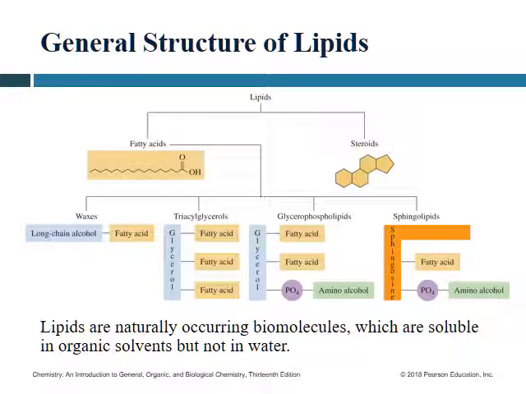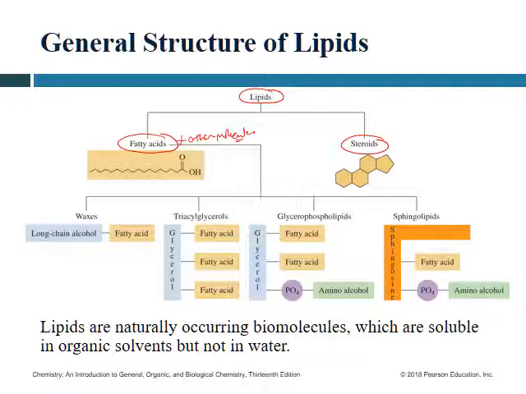So this is just an overview of what we talked about from the previous slide. We have lipid, then lipid can contain fatty acid in its structure along with some other molecule, and other lipids that cannot be hydrolyzed are placed under steroid, which has a 4 fused ring structure.